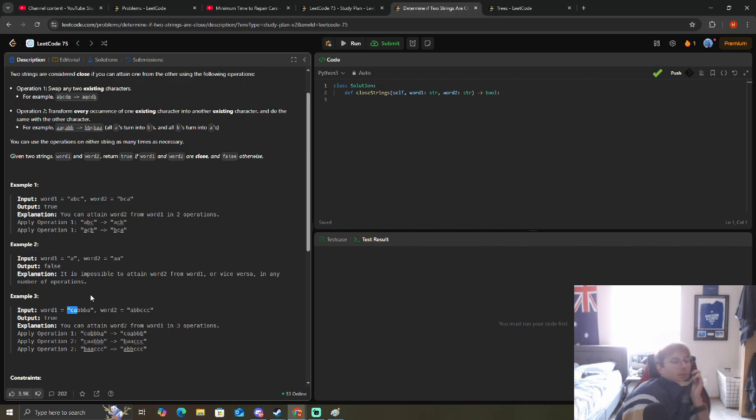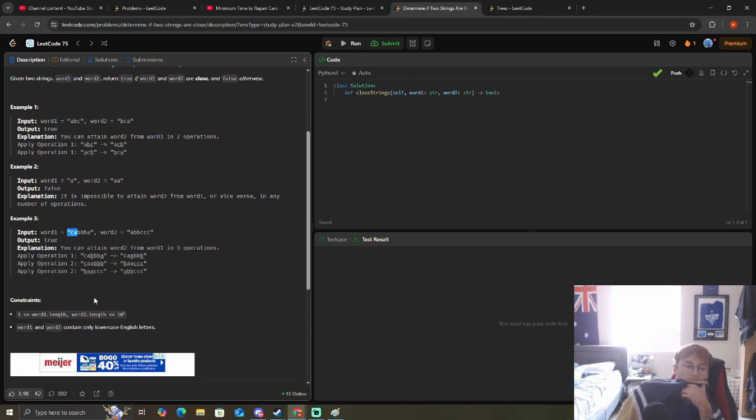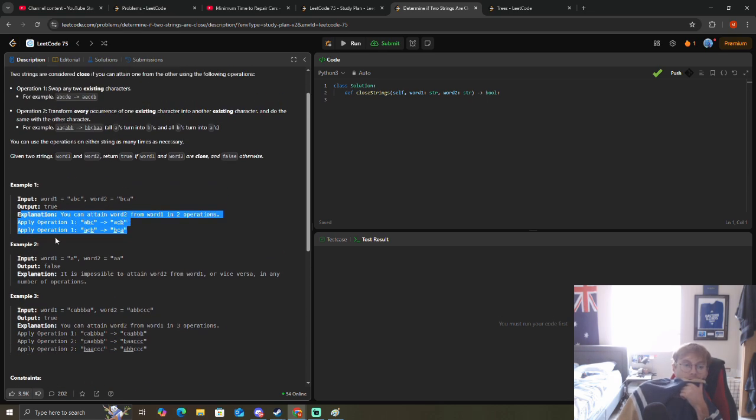I don't think we need to use all the different operations here. I don't think we specifically need to recreate these operations, but I think there's probably a trick where we can just look at the string and return whether it's possible or not.